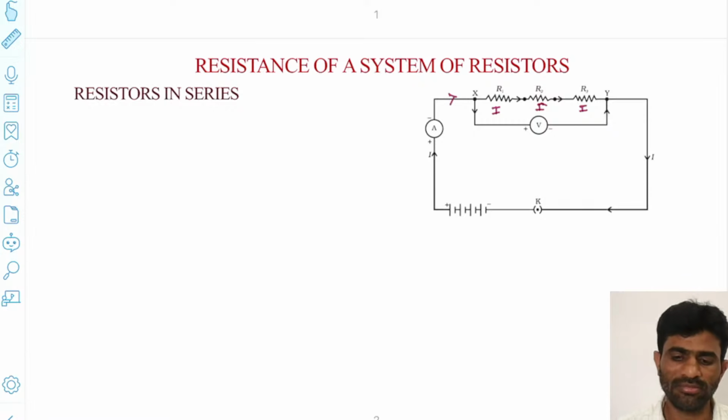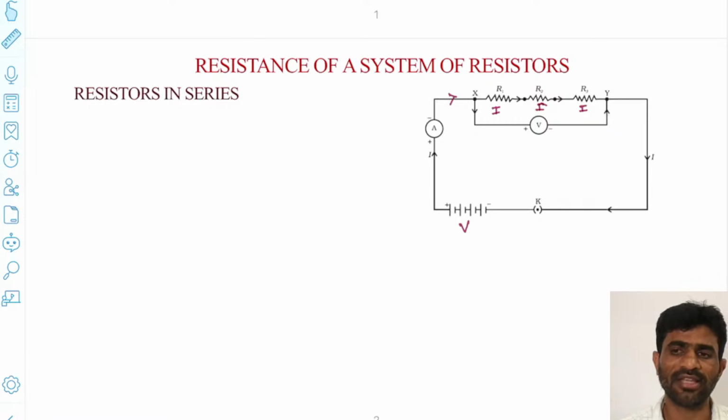But when you talk about voltage, that is potential difference, it will be divided in series. This is one very important point. In series connection, current across all the resistors is same, but potential difference across all the devices will be divided.